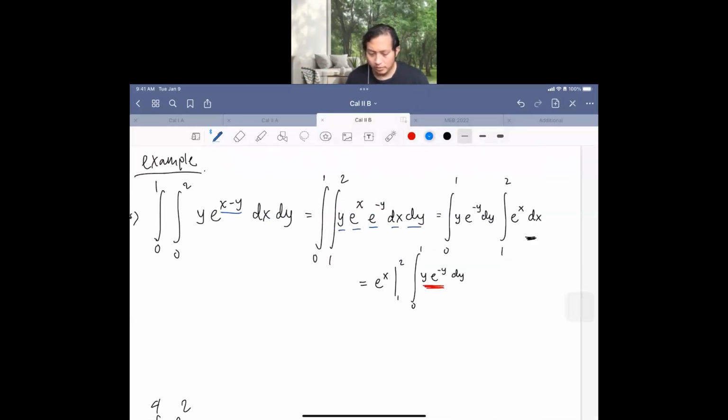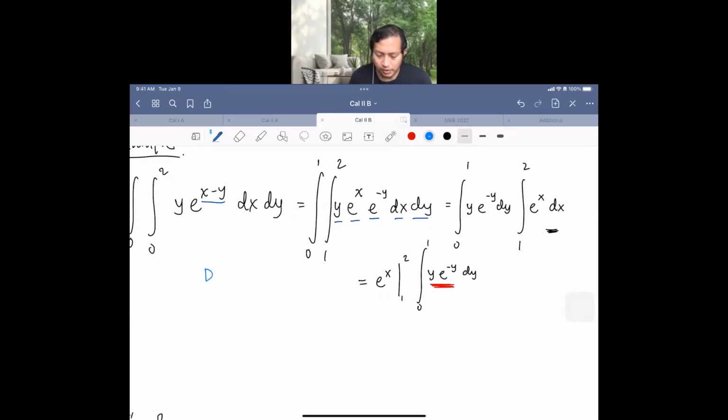So you could use the integration by parts. So y times, plus, and then integrations, and then we have the answer is negative y e to the negative y, negative e to the negative y, and this is the answer.